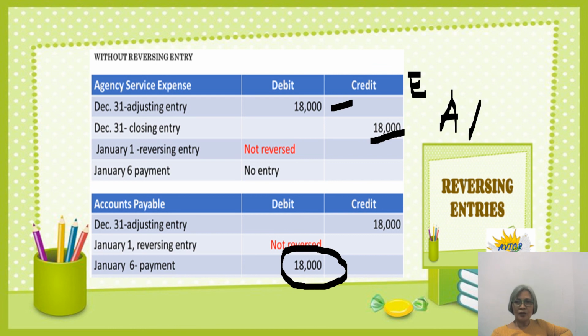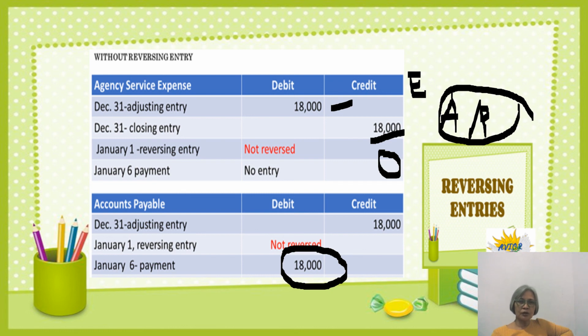So, merong accounts payable ka na naka-entrada. Pero, ito, na-close mo na eh. Wala nang natira. So, zero na to. Hindi mo na-reverse. So, adjusting entry mo, closing entry, zero na siya.